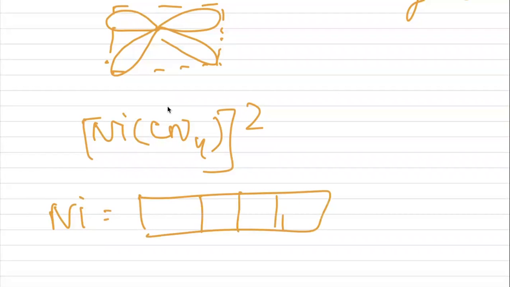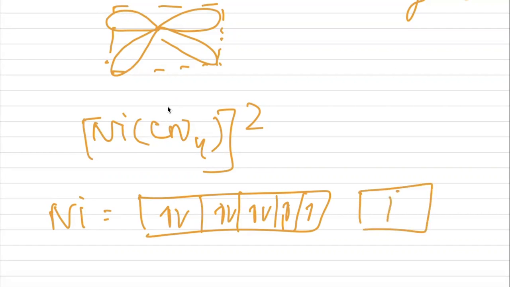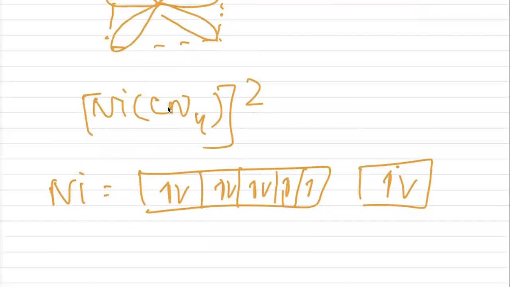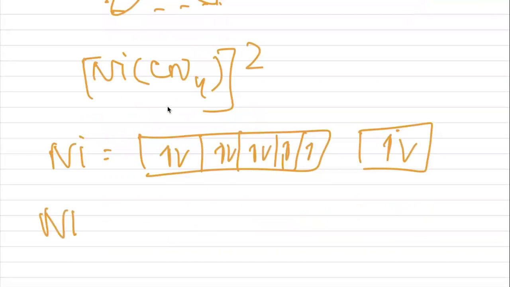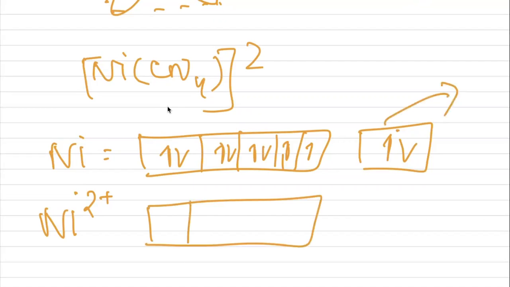D orbital. It has the configuration 3d8 4s2. So nickel 2 plus will have the configuration of this one, as two electrons will move.